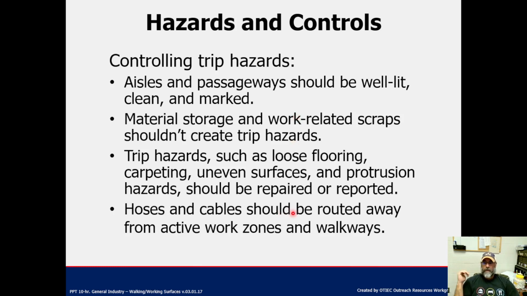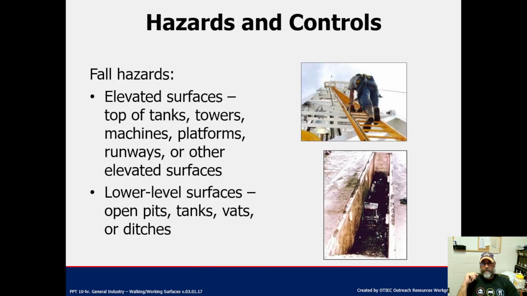Trip hazards, having transitions from working mats to the regular floor. Is the mat curled up? Can somebody easily walk by, trip on that, and down they go? Hoses and cables, my example of the air hose in front of the machine. These are all potential accidents waiting to happen.